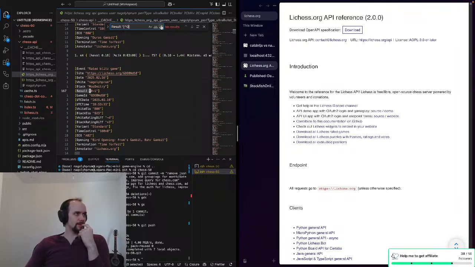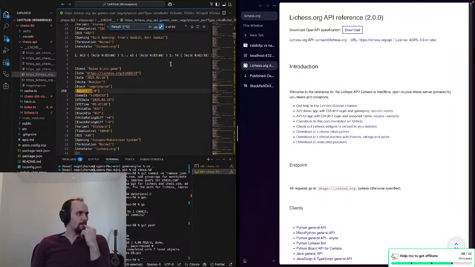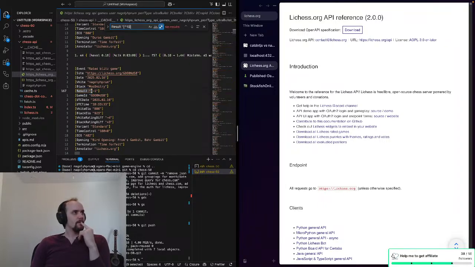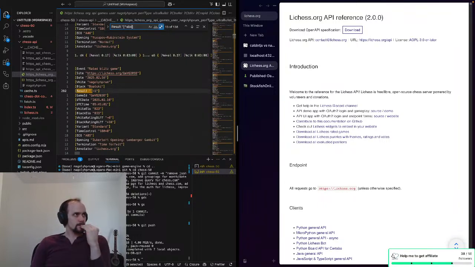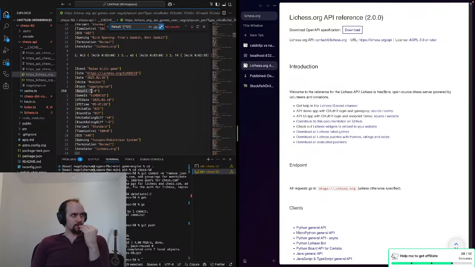We do a regex search. So pretty much if I do 0, 1 here, that means it's gonna find anything that doesn't have a 0 or 1 after it, and no results are coming up.